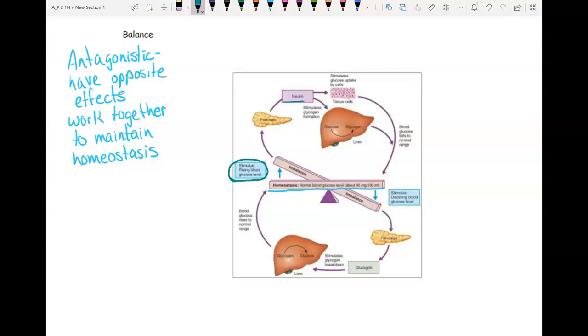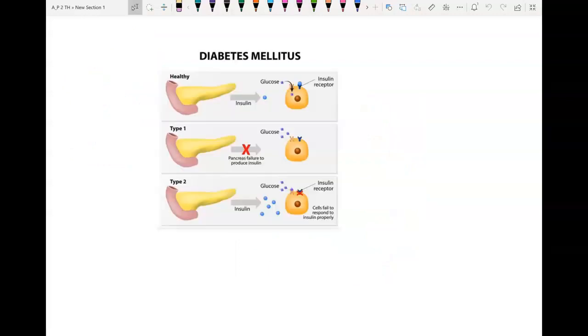Insulin acts to bring the glucose back down. Whenever your glucose is low, your pancreas again detects that. It secretes glucagon. Glucagon acts to raise your glucose back up. So between these two hormones, you stay here at this homeostasis level. Insulin and glucagon work to maintain blood nutrients.